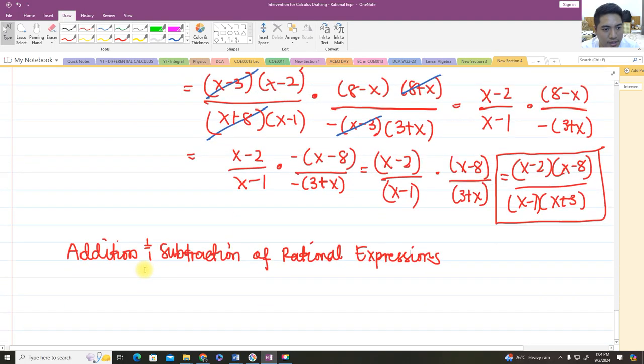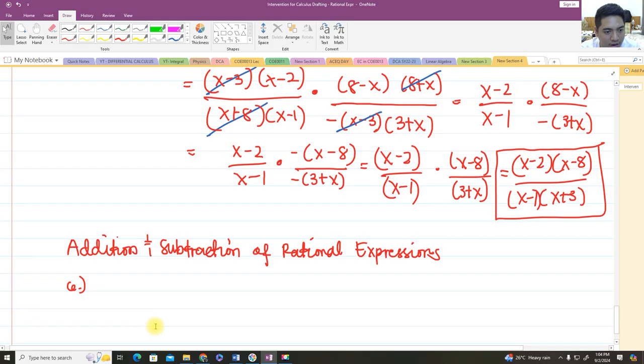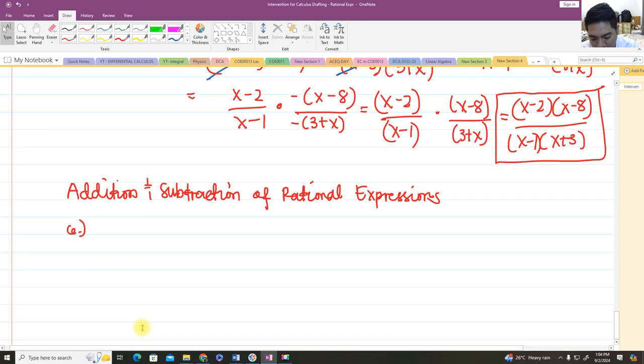So for number 6, the first problem that we must have here is, let's say you have 5 all over 2x minus 3 all over 4x squared.